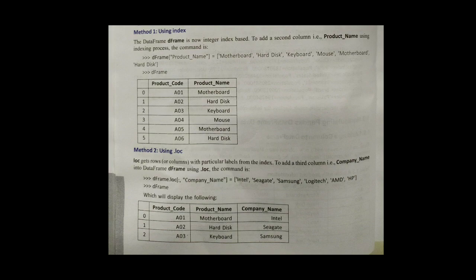That's why it shows colon, comma, and then the third column we have added is company name. And we have provided values: Intel, Seagate, Samsung, Logitech, AMD, HP. So now we have added a third column in df. When you print it, it will display product code, product name, company name, and all the 6 entries are shown.